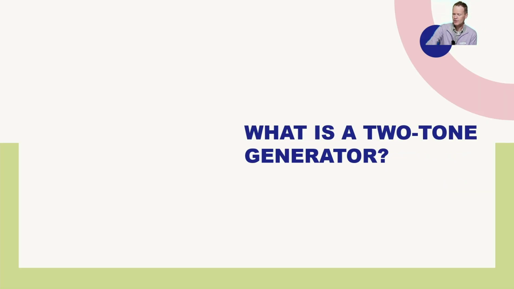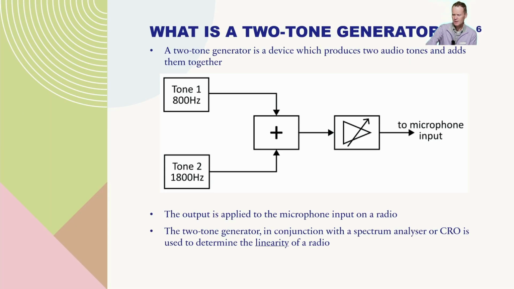Okay, next thing, what is a two-tone generator? I thought I'd talk a little bit about this because not everyone may know what it is or what it's for. So basically a two-tone generator is a device that produces 2 audio tones and adds them together. And there's a block diagram there of a two-tone generator.